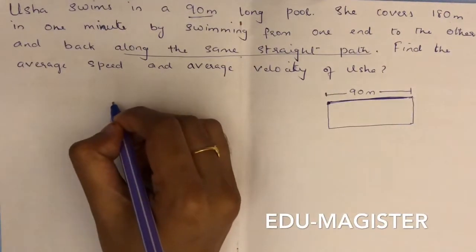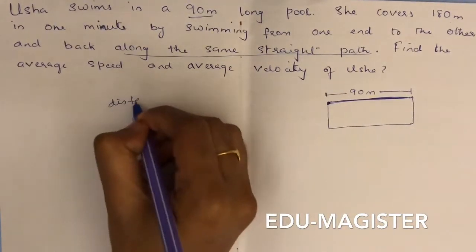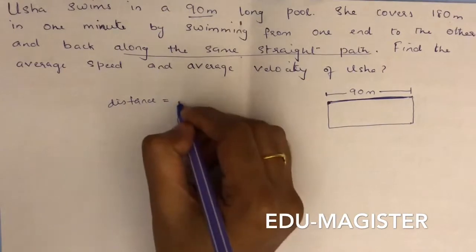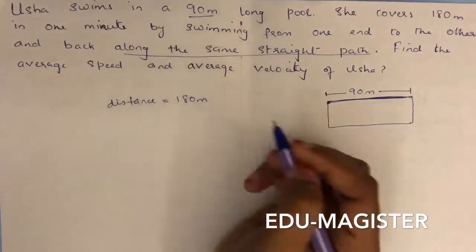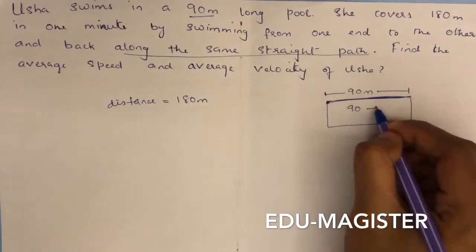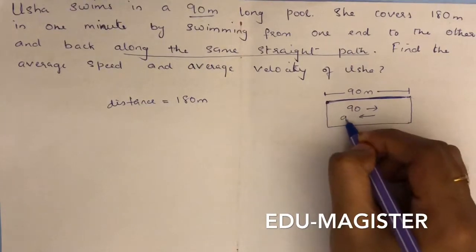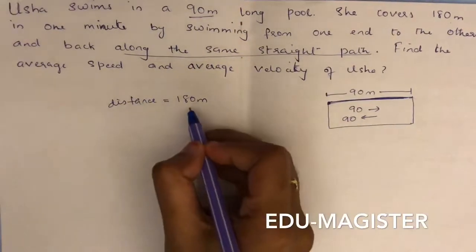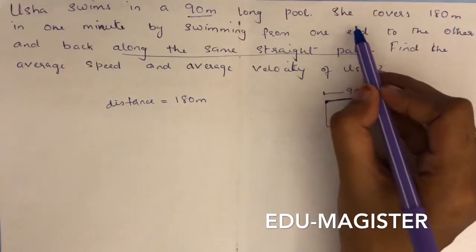So the total distance covered by Usha will be 180 meters. That is 90 plus 90. 90 in this direction and then 90 here. So 90 plus 90 is 180 meters. That's what it is given here.